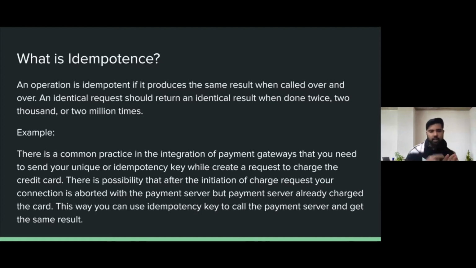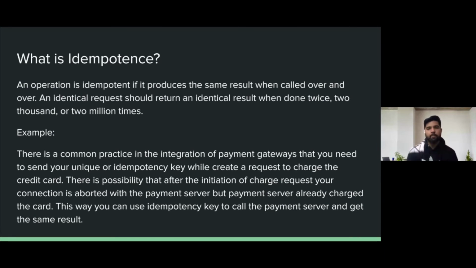But while I was having a transaction with this third party like Stripe, my connection broke with that server. I have already sent the request to the external system. That system might have already started the transaction with the bank and successfully got the money. But because my connection is broken, I won't be able to get the success result.